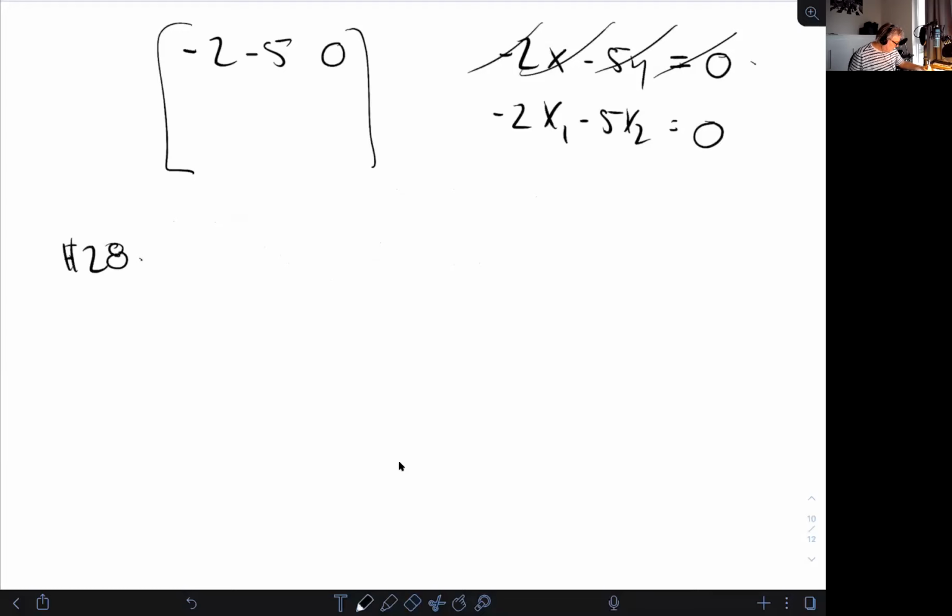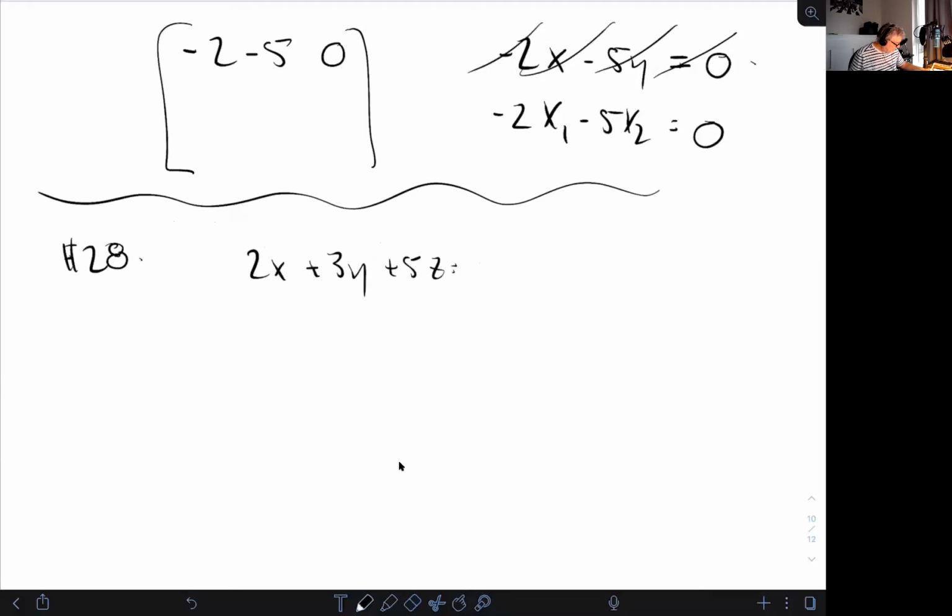It's the same question, basically, but 2x plus 3y plus 5z equals 7, x plus y plus 2z equals 3, and 3x plus 5y plus 7z equals 12.